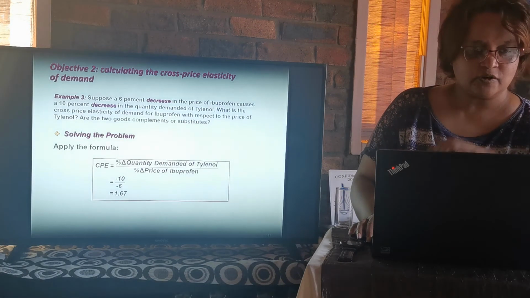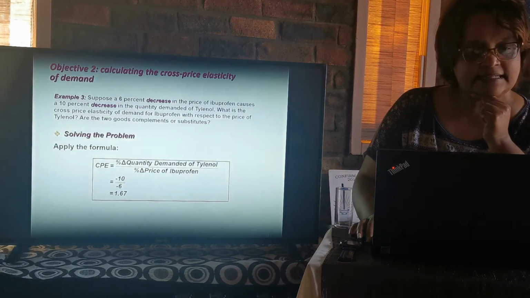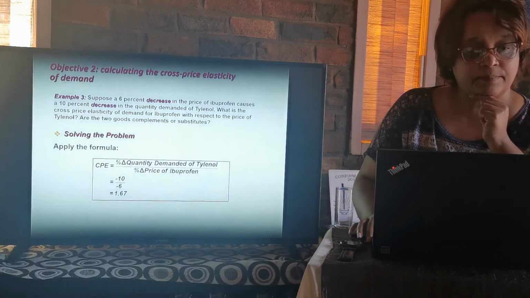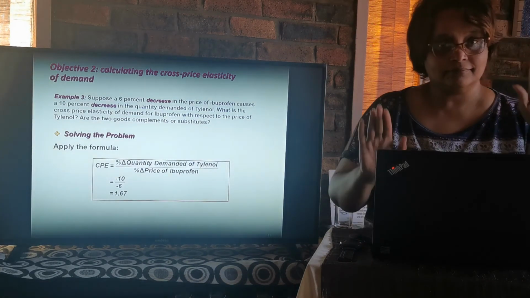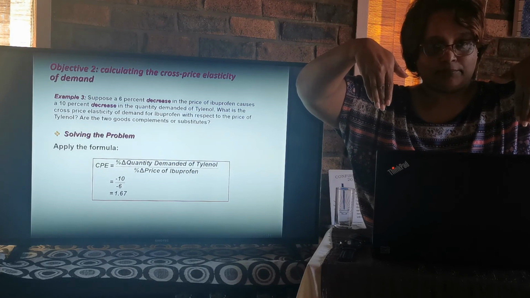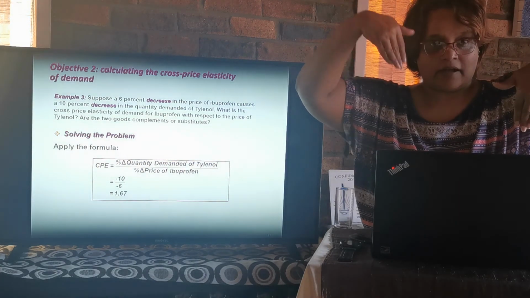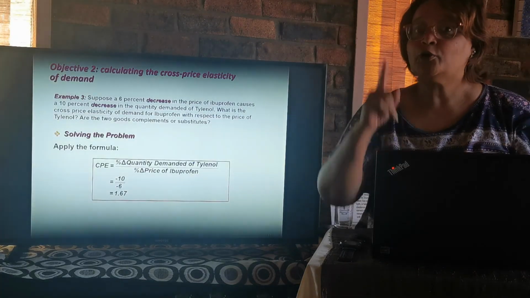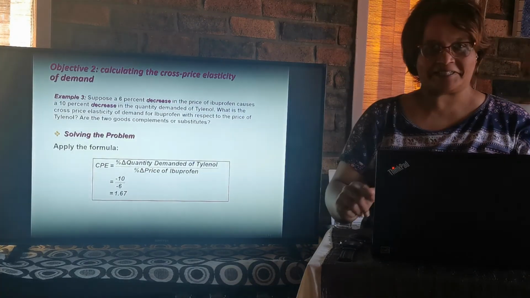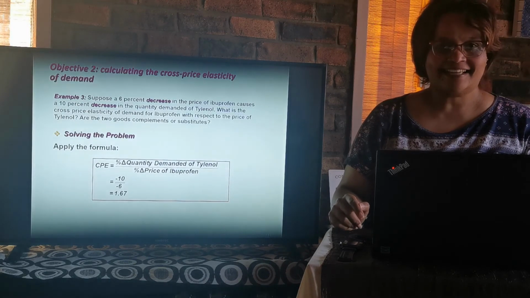So let's look at this one. Suppose a 6% decrease in the price of Brufen causes a 10% decrease in demand for Tylenol. Positive relationship. Tylenol and Brufen are, you've guessed it, substitutes.